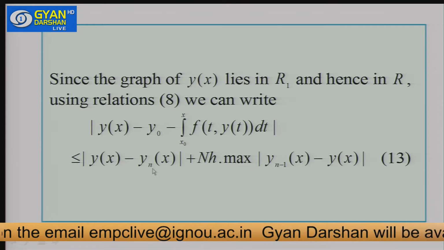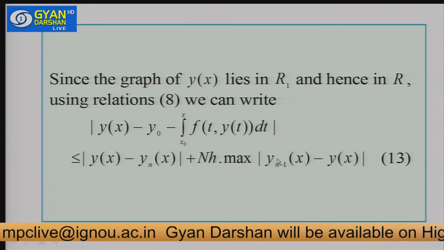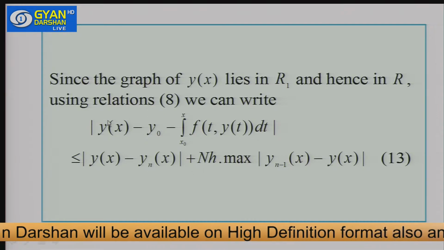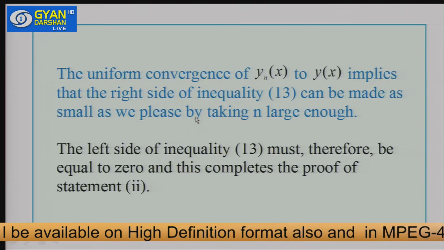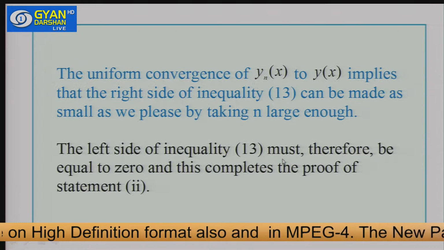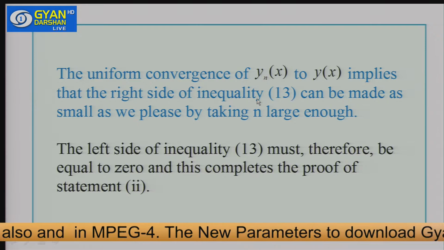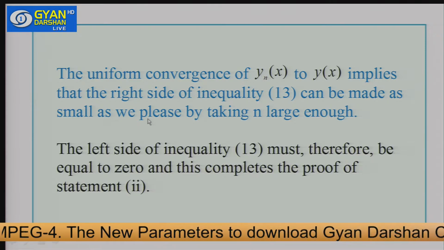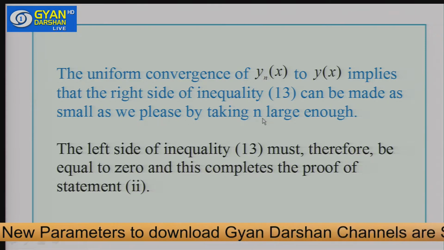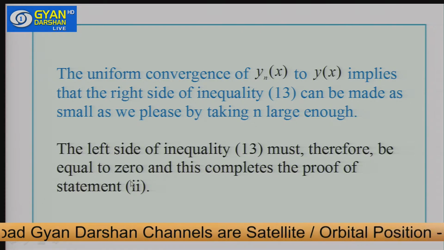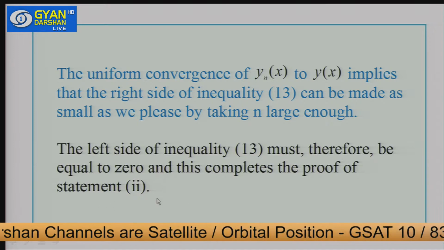So the right hand side will vanish, going as close to 0 as we like. So obviously the left hand side should be equal to 0. That is the conclusion we can make here. The left hand side of the inequality must therefore be equal to 0, and this completes the proof of statement 2.